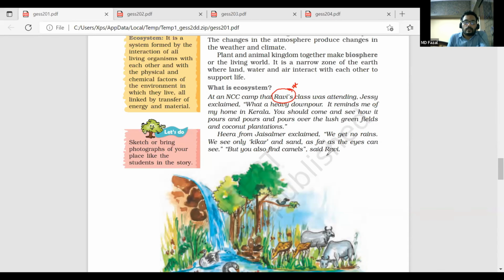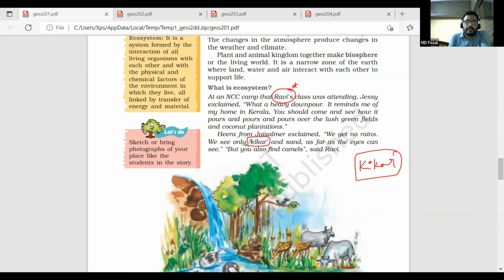Okay, now here there is a term called kankar. Sand as far as the eyes can see, but you can also find camels. We get no rains, we see only kankar. So what do you mean by kankar there?